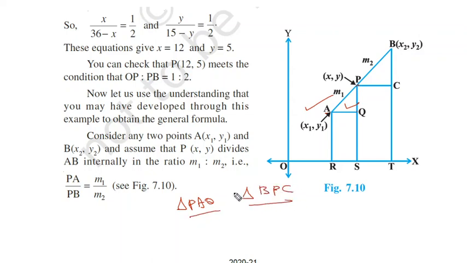Now you see in these two triangles, angle Q and angle C are 90 degrees, and similarly angle APQ is equal to angle PBC. Why? As PQ is parallel to BC and AB is the transversal, therefore these two angles will be equal, isn't it? So we can say angle APQ is equal to angle PBC.